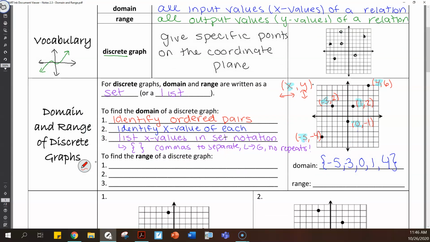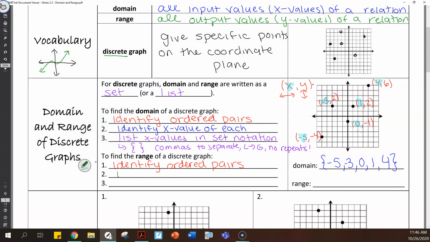When I'm ready to take a look at the range, I'm going to do the same first step. I want to identify the ordered pairs for each point. Fortunately for me, I've already done that when I did my domain, but I want to make sure that I have an ordered pair for each of these points going forward.